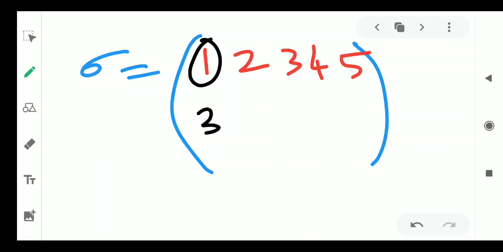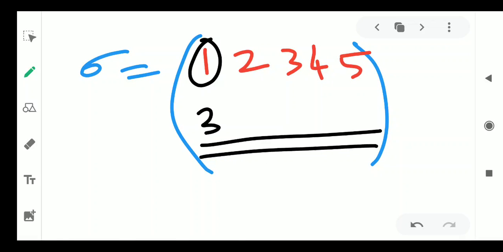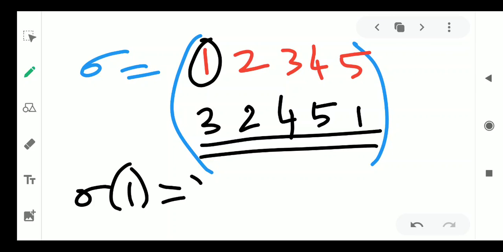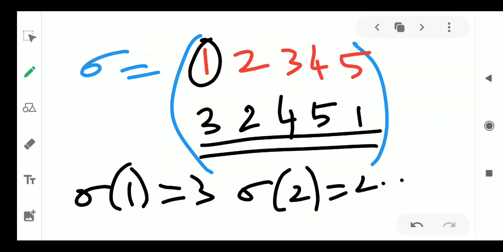This is gone, so now 3 will not come again because it is a bijective function. Now let me map 2 to 2 itself, 3 to 4, 4 to 5. Then there is only one way to fill the last, it is 1. That means sigma of 1 is 3, sigma of 2 is 2, and like that, sigma of 5 is 1. So that's how generally we represent a permutation in Sn.